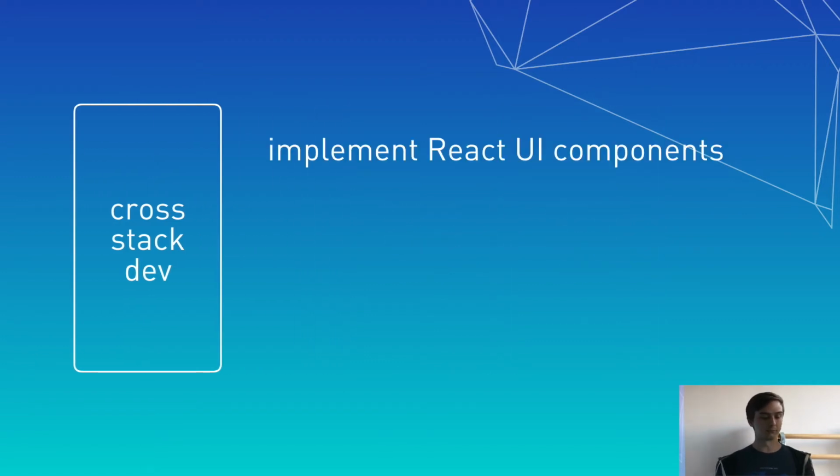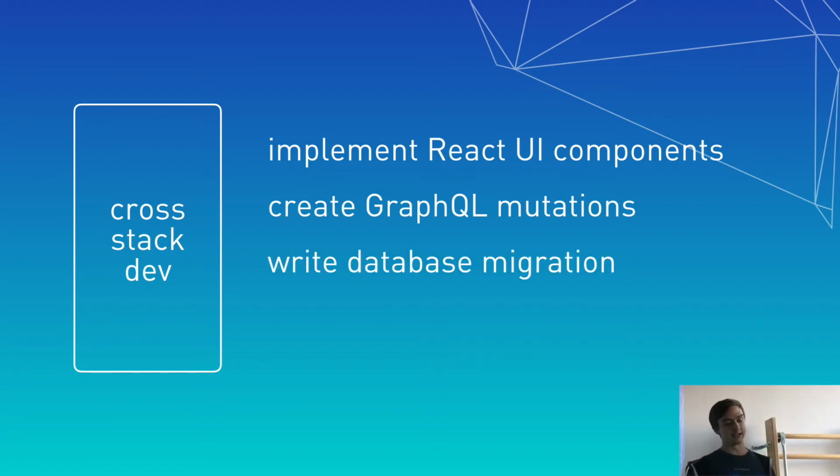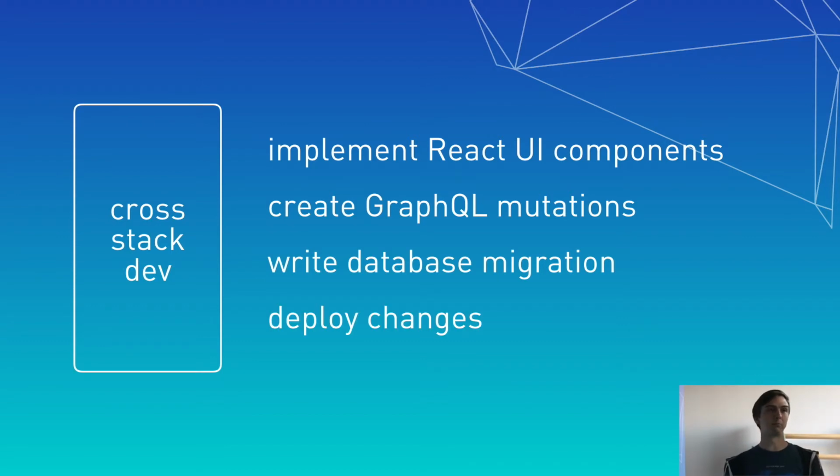A cross-stack developer is responsible for implementing React UI components, but also creates the GraphQL mutations, exactly the mutations he needs. He also writes the database migrations he probably needs if he wants to save new data in the database. And he also deploys the changes and cares about performance: can I deploy my stuff and does it scale, all of these questions.